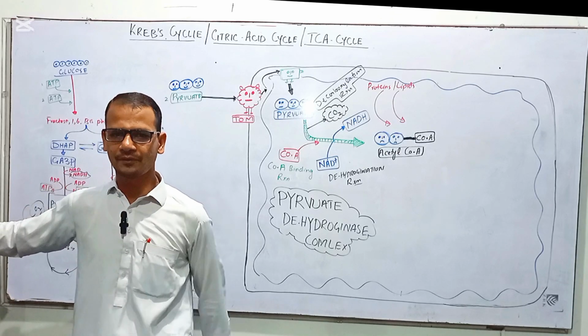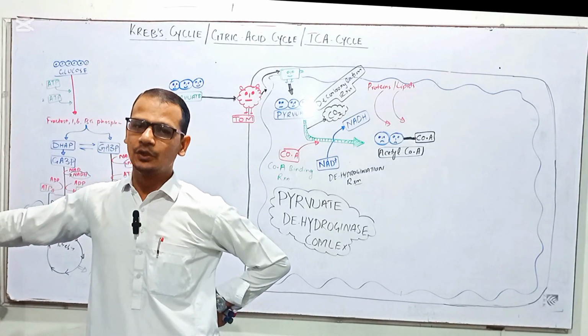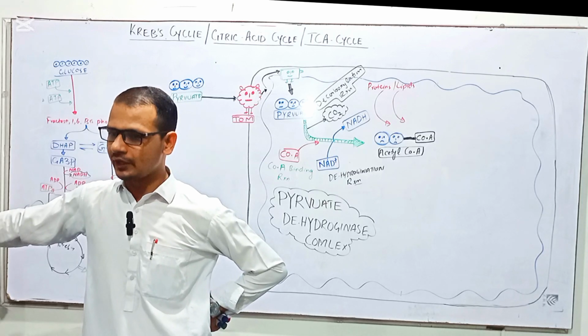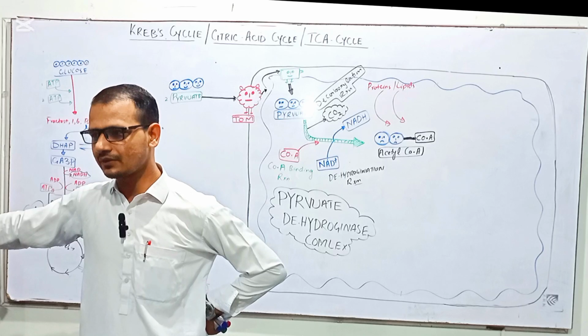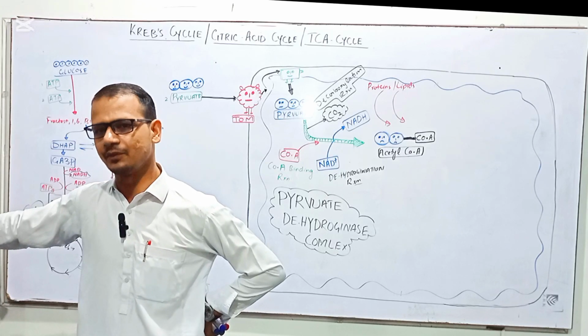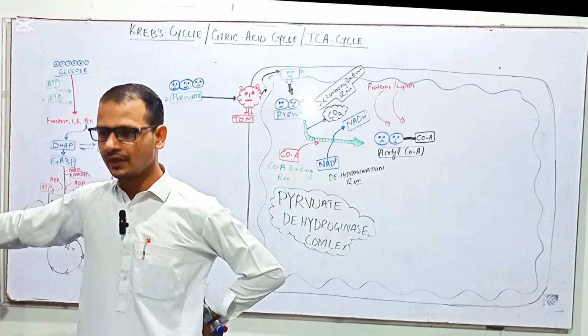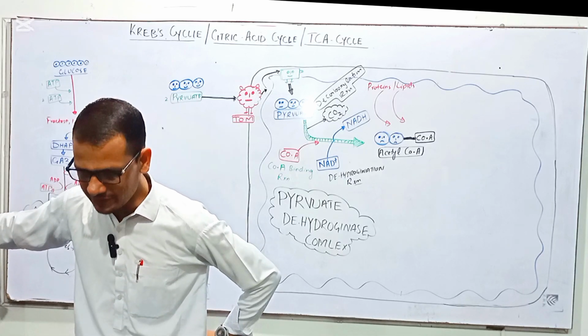E1 is composed of thiamine pyrophosphate. E2 is composed of lipoic acid and coenzyme A. E3 is composed of NAD plus and FAD, right? The first, E1, is called pyruvate dehydrogenase enzyme.